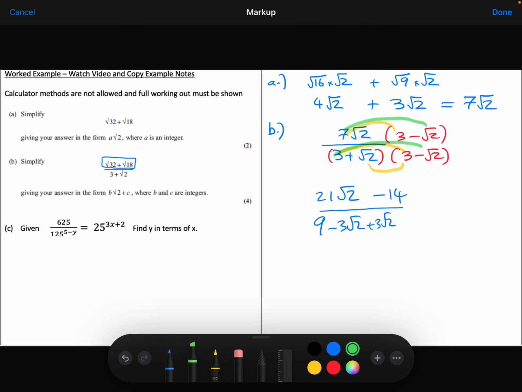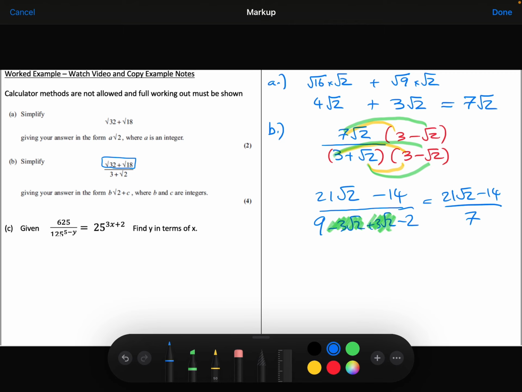And then finally, we have a root 2 times minus root 2, which is minus 2. Now I can see that my minus 3 root 2 and my plus 3 root 2 are going to cancel out. So let me simplify this to be 21 root 2 minus 14, all divided by 9 minus 2, which is 7.